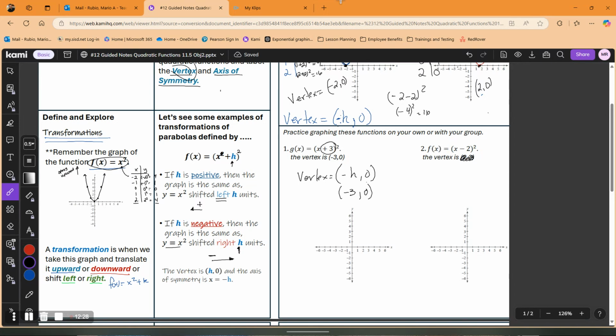It's not always going to be negative; this negative sign means opposite. In this case, our h is negative 2, and the opposite of negative 2 is positive 2. And then it's 0. You guys do the graph part. Okay, and that's it for this part. I hope you guys have a good week.